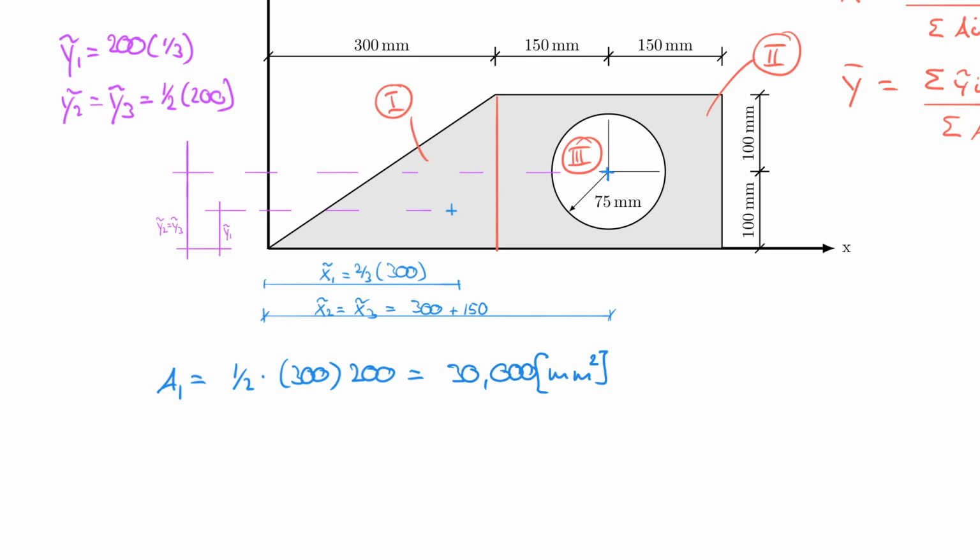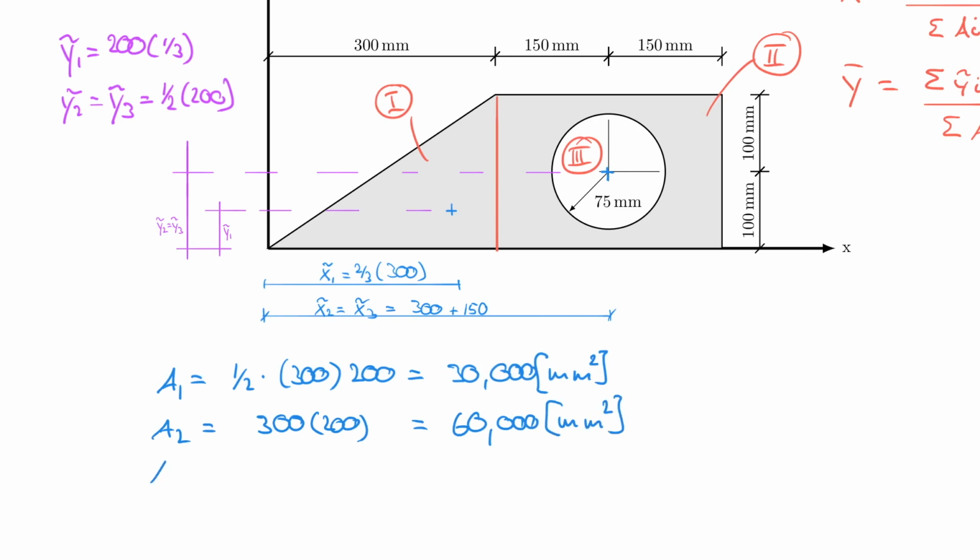So now we can do A2, which happens to be 300 in width times 200 in height, which is twice the area of the previous one, which happens to be 60,000 millimeters squared.